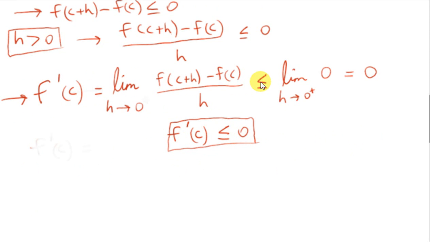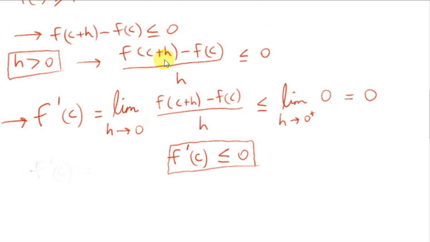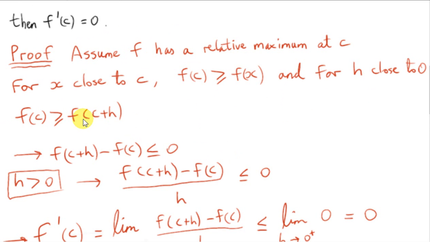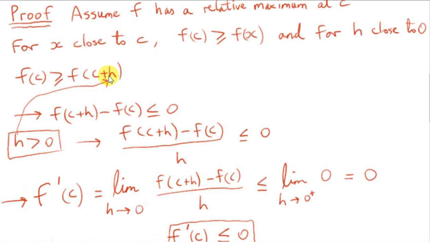Now when we were constructing f prime of c, we divided both sides by positive h. So back up here we were actually assuming that h was greater than 0, some small positive value. But of course h can be negative. If h is negative, it doesn't change anything, since c is supposed to be a relative maximum.